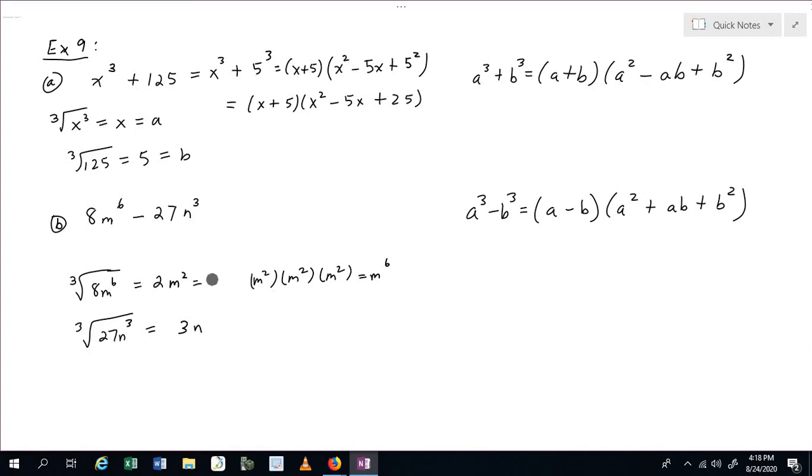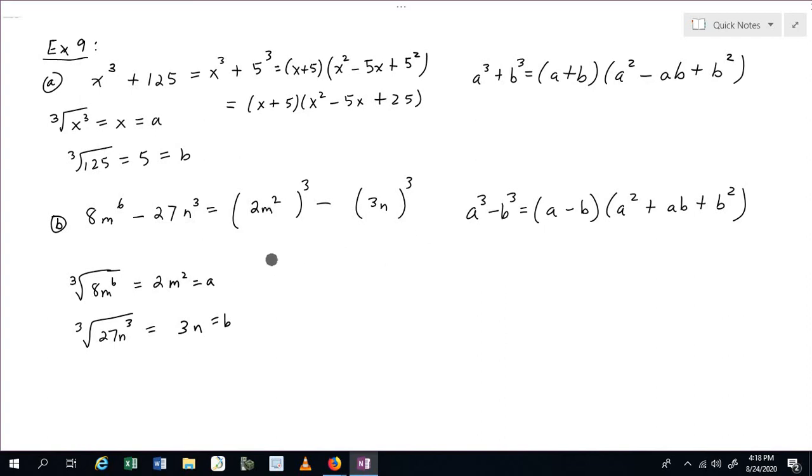So this is going to be my A, and this is going to be my B. So I'm going to write it that way. It's the difference of cubes, where A is 2m squared and B is 3n.